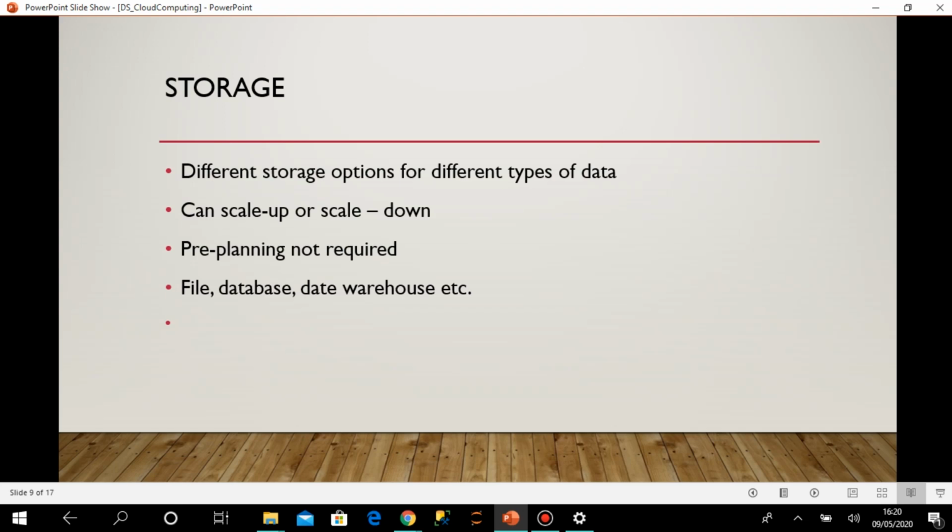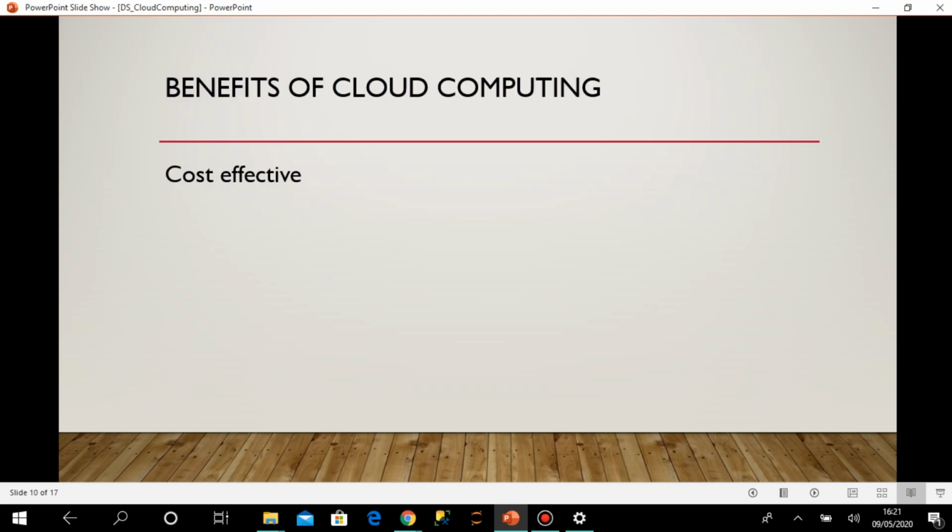So it's a lot of loss at your end. But in the case of cloud solutions, you can always scale up and scale down as and when required. Okay, so we have discussed these two main solutions provided by cloud providers, that is compute power and storage. Now we'll discuss some of the benefits of cloud computing which make it so popular nowadays.